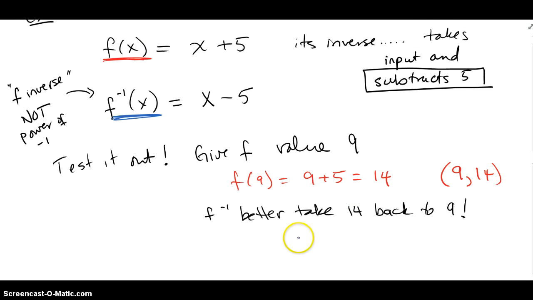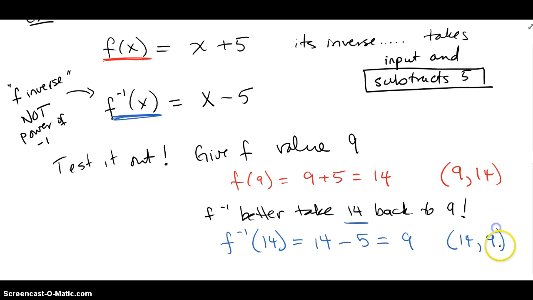Let's test it out. f inverse of 14, if I put 14 in there, what does it spit out? 9. So I got the ordered pair input 14, output 9. The function takes 9 and puts it at 14, and the inverse takes 14 and puts it back at 9. These two are inverses of each other.